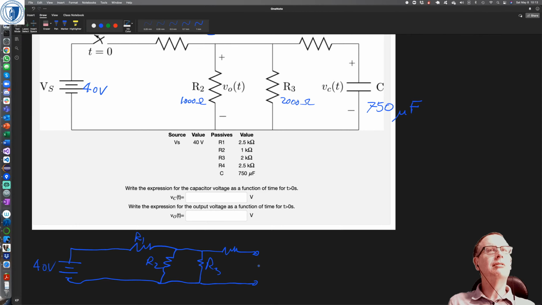So the current flow through the capacitor is 0. So the current flow through resistor R4 is 0. So we don't need to deal with anything around R4 or C in the initial case.